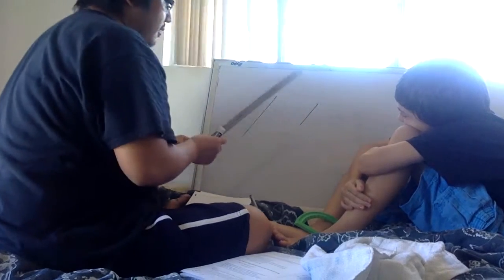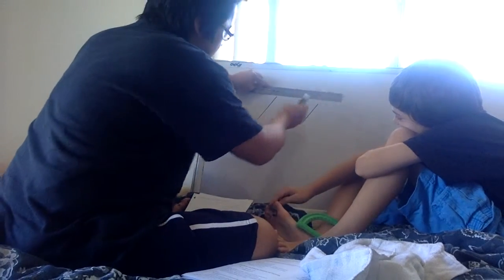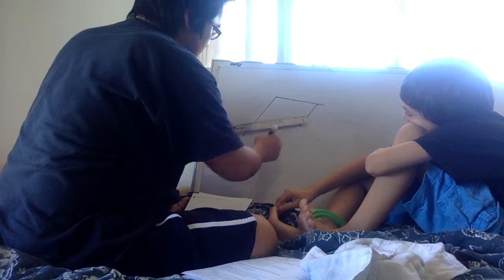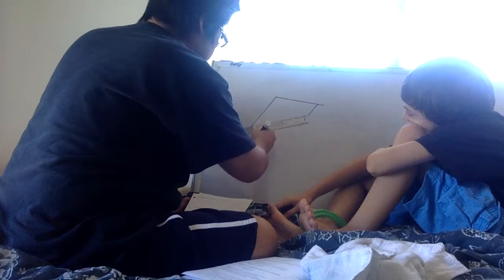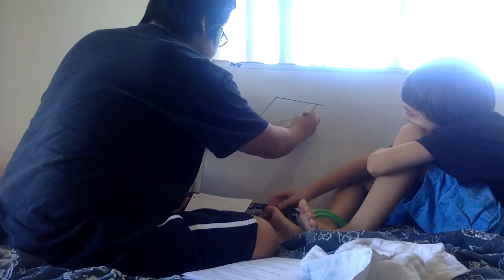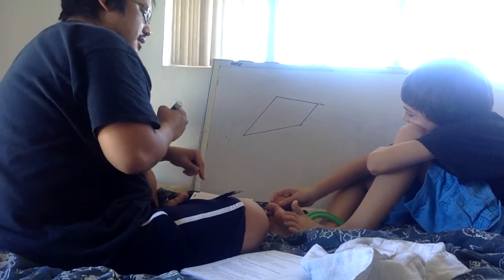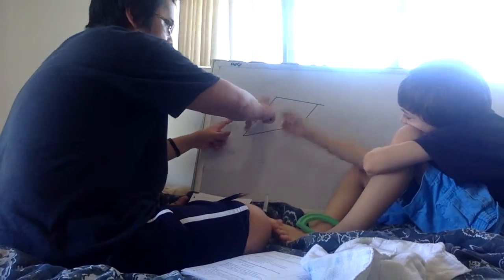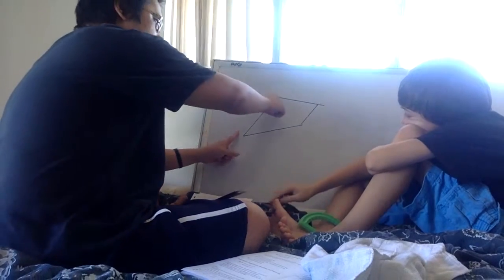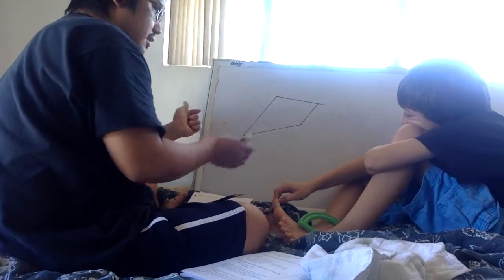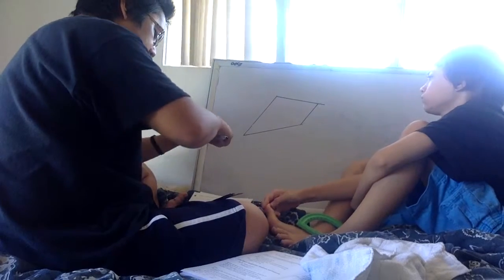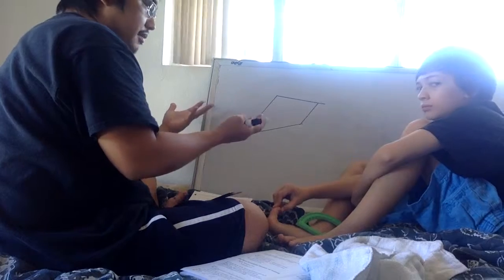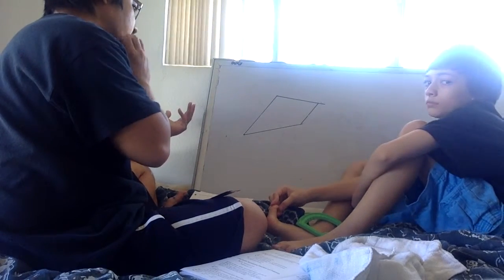Let's pretend those are parallel. And then I'll cap them off like that. This is a trapezoid because this line is parallel to that line. I can't say anything about the lengths because this length is not the same as that length for sure. As long as it has one parallel pair of lines, we're talking about a trapezoid. Does that make sense, Ben?